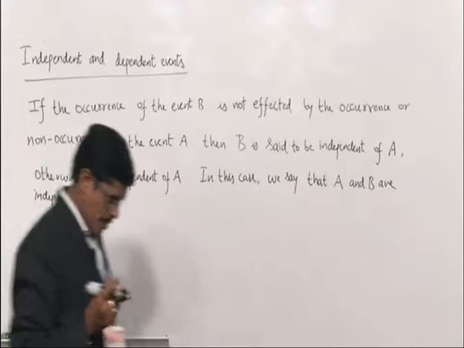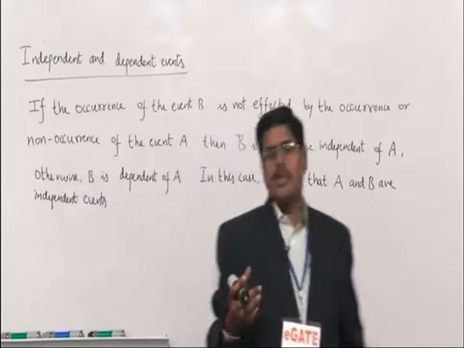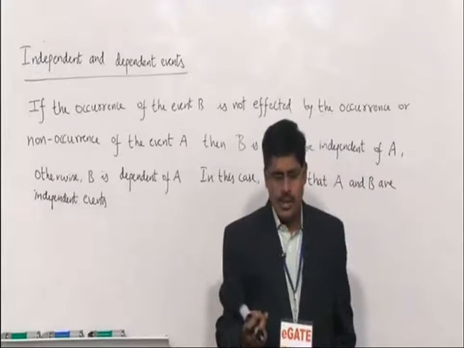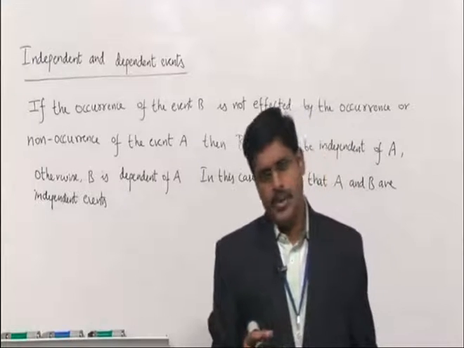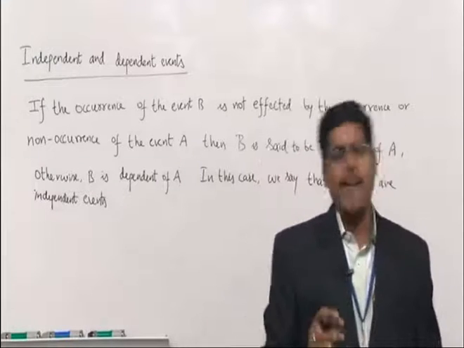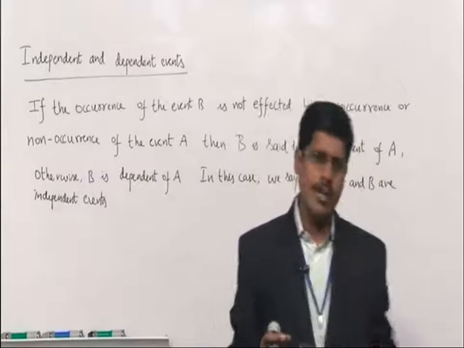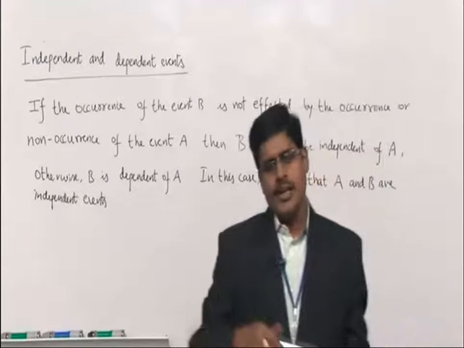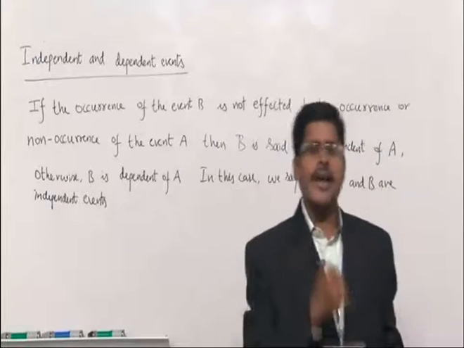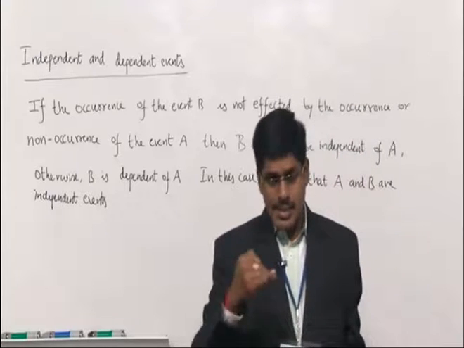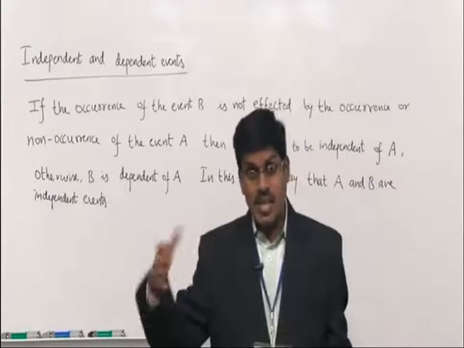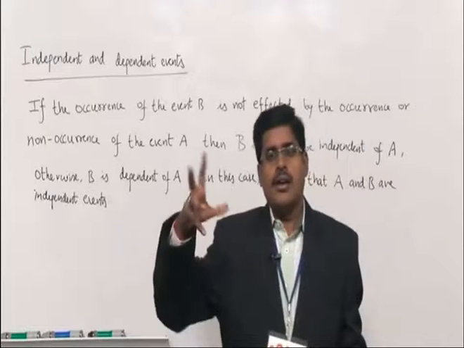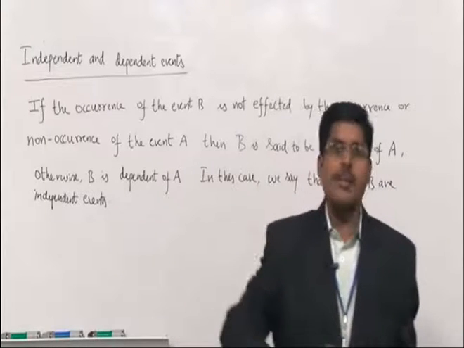See, let me explain two examples. In a pack of 52 cards, a king card is drawn and not replaced in the pack. That is, take a king card and keep it outside. Then this drawing does affect another king card to be taken from the remaining cards.